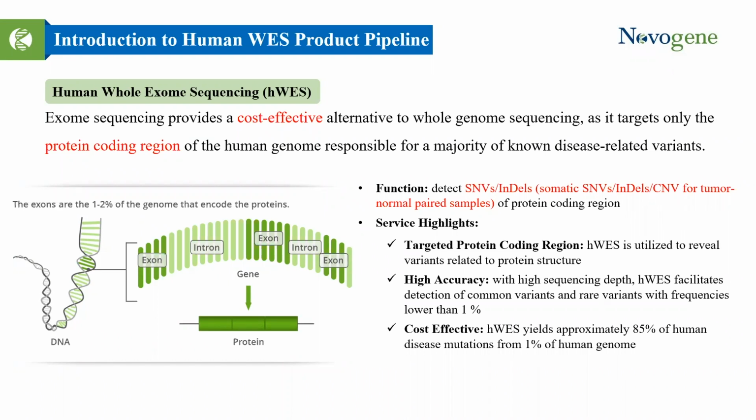In Novogene, with high sequencing depth, our service provides accurate detection of variants with frequencies lower than 1%. You can yield 85% of human disease mutations by only sequencing 1% of the human genome, which makes hWES a cost-effective method for human genome research.